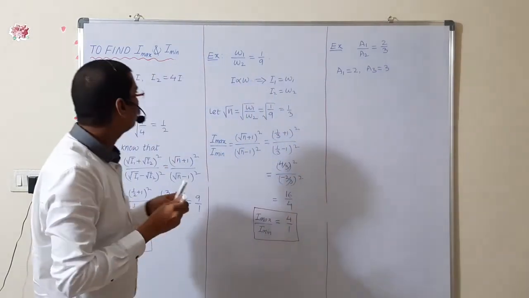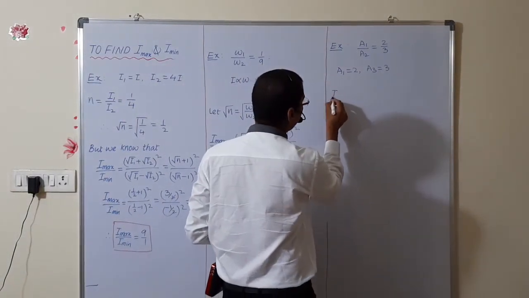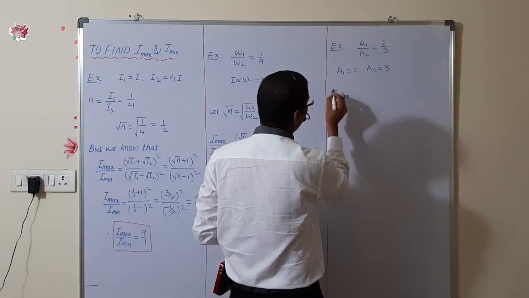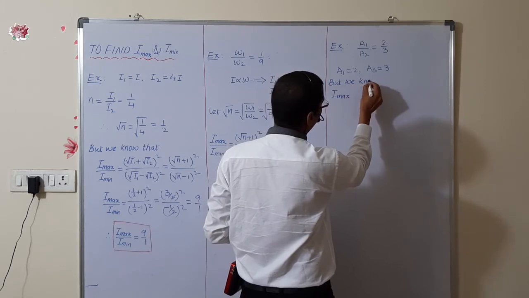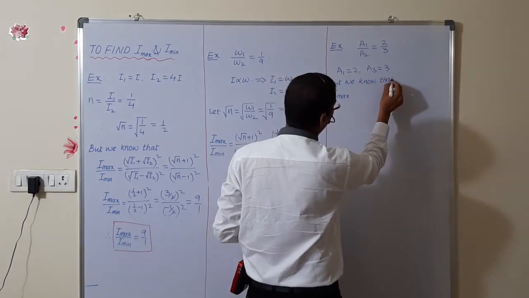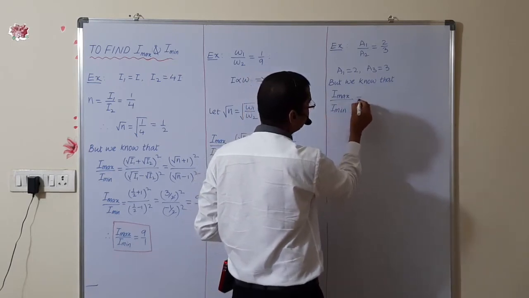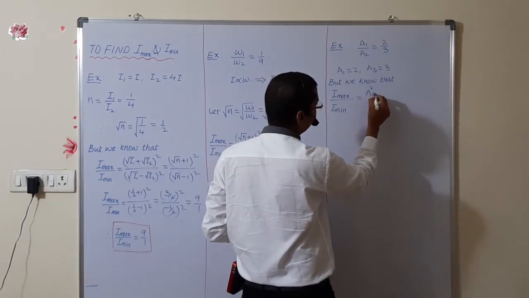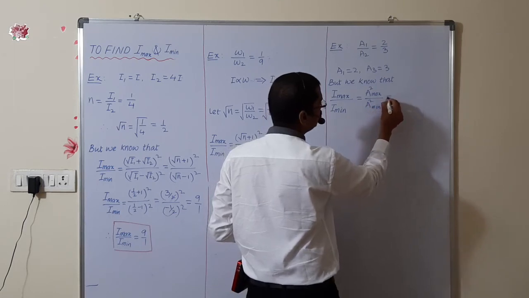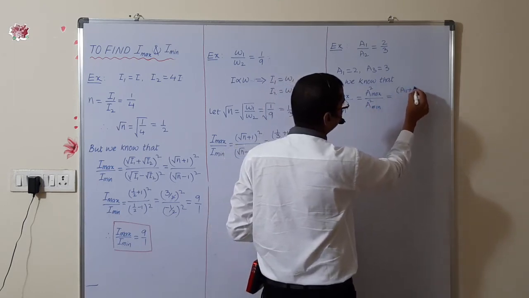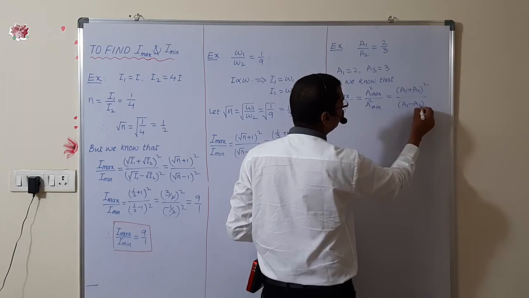Now again we have to find out what is the maximum intensity and minimum intensity. Here, but we know that maximum intensity upon minimum intensity is equal to A square maximum upon A square minimum. This is nothing but (A1 plus A2) whole square upon (A1 minus A2) whole square.